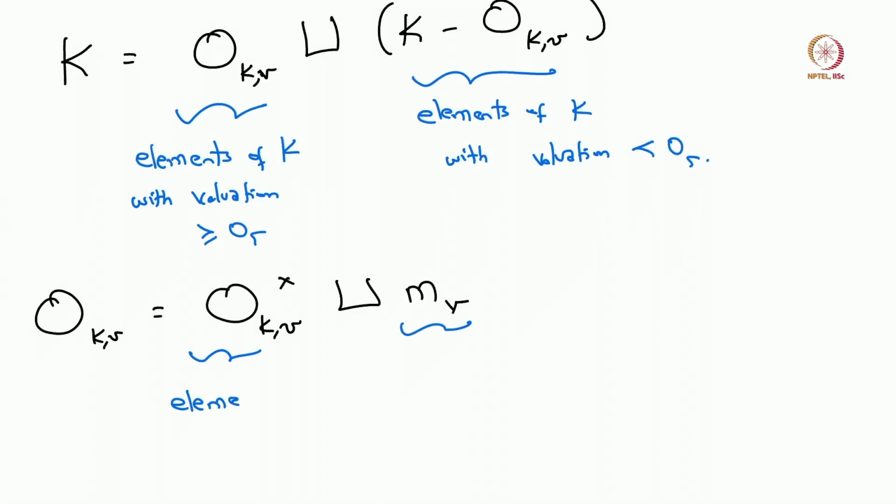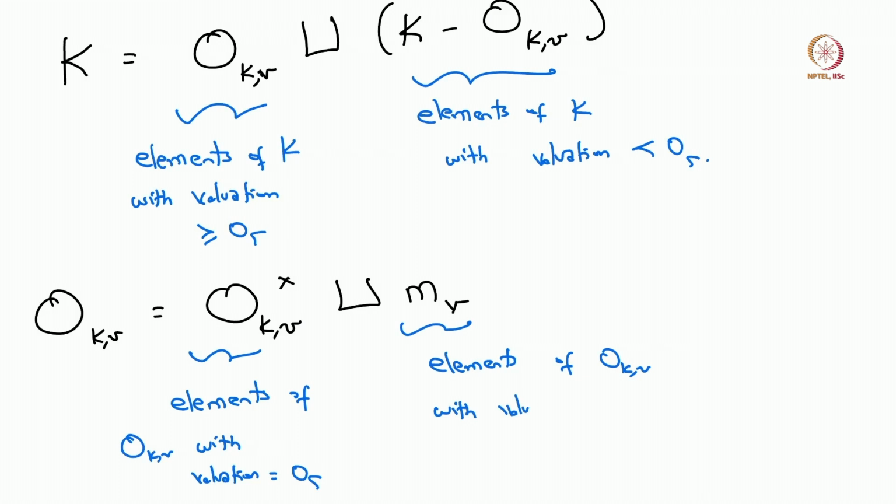The elements of the units of O_Kv are elements of O_Kv with the property that its valuation equals the identity element of gamma, and the elements of the maximal ideal are all the elements of O_Kv whose valuation is strictly larger than the identity element of gamma.